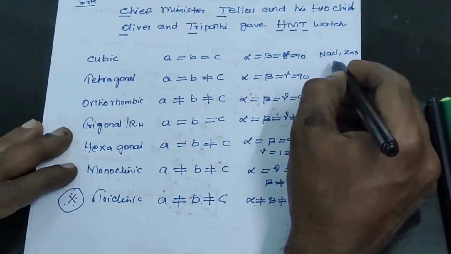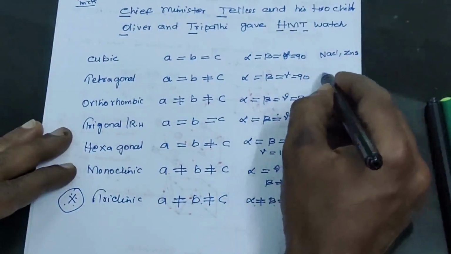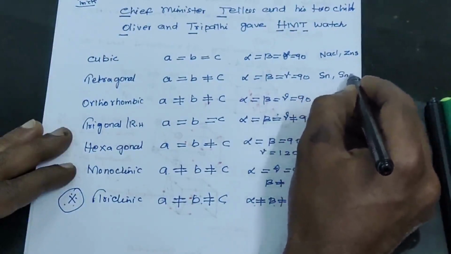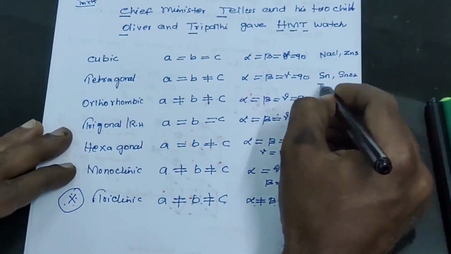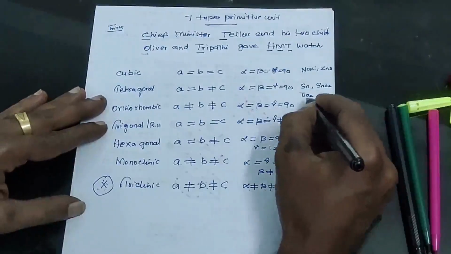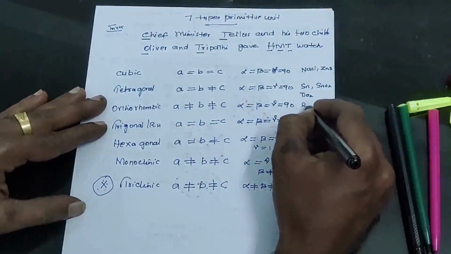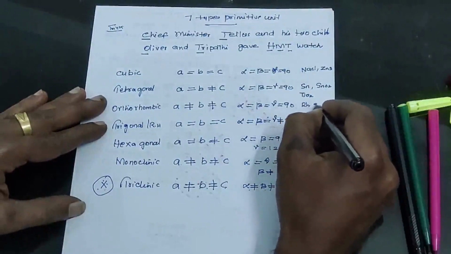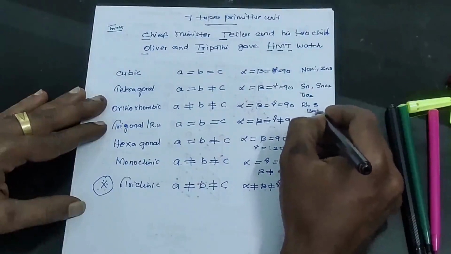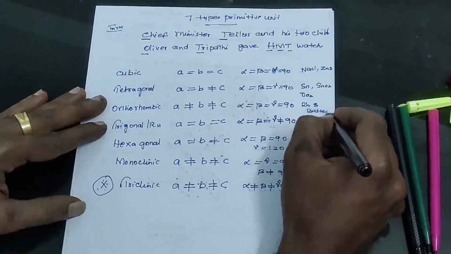Then tetragonal: tin oxide and rutile, TiO2. Orthorhombic: rhombic sulfur and barium sulfate.